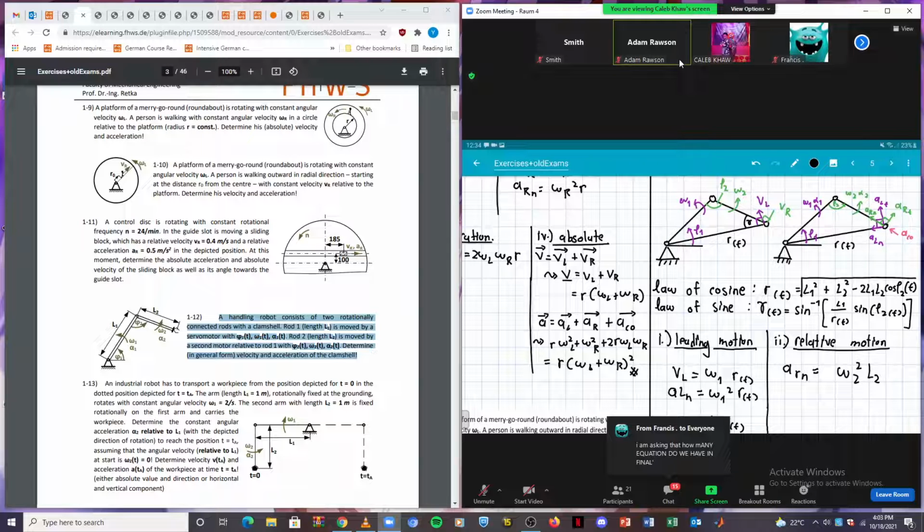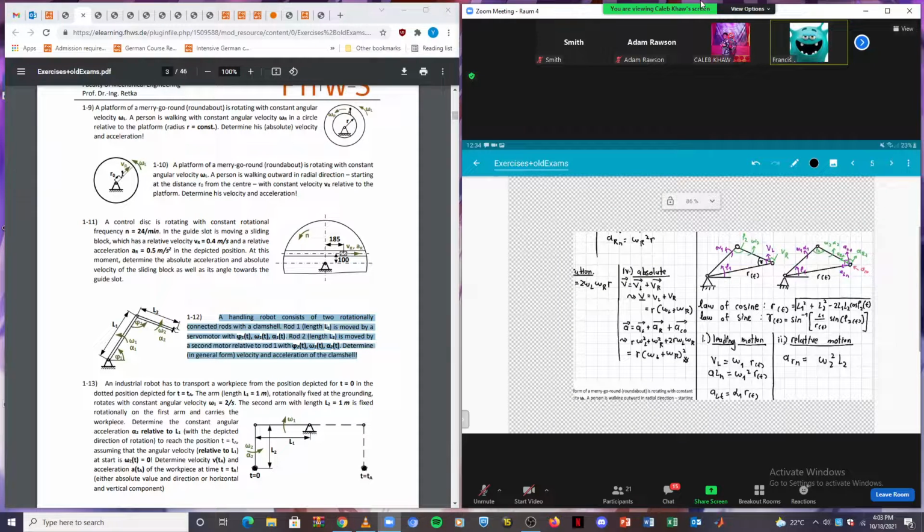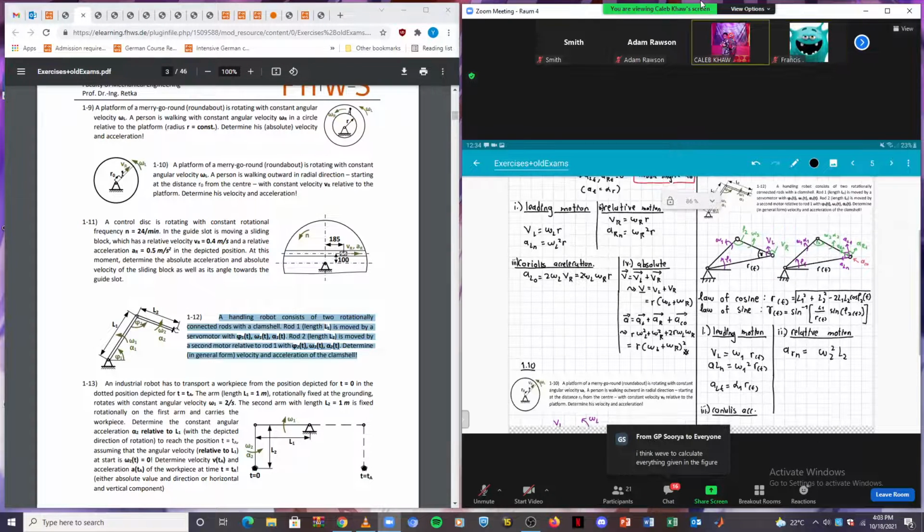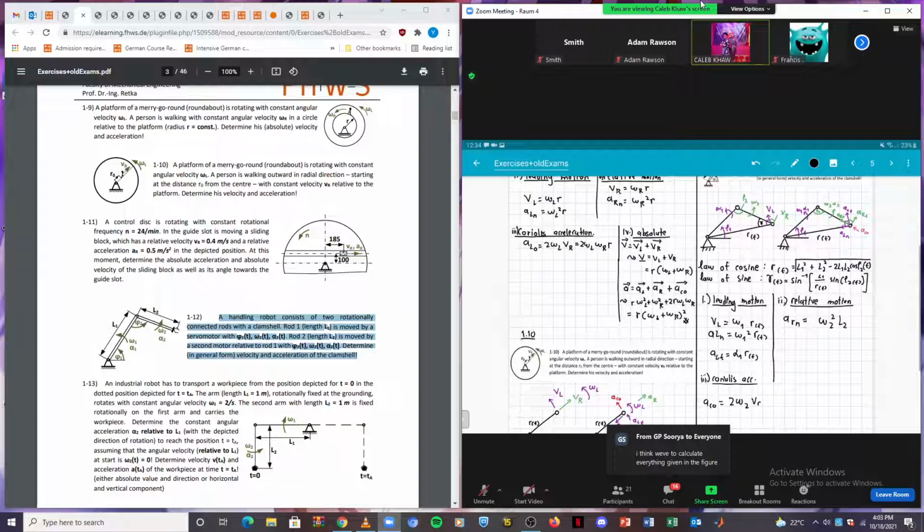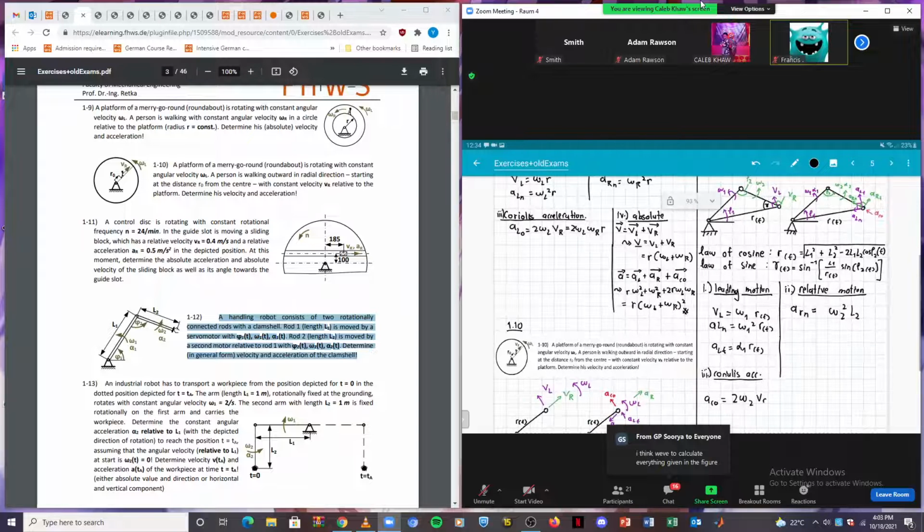Because we need 4 equations, right? And so far we have 4 acceleration.